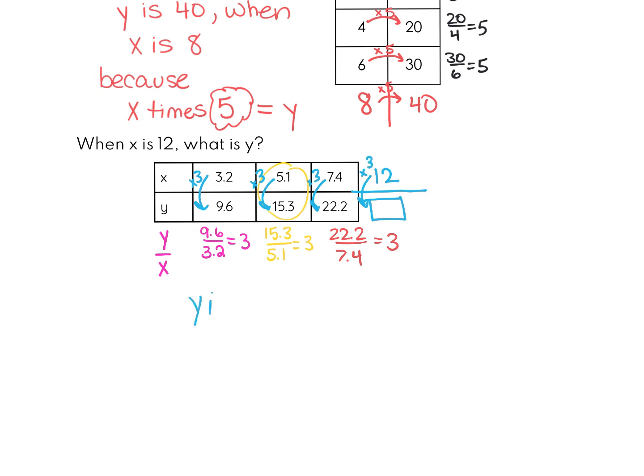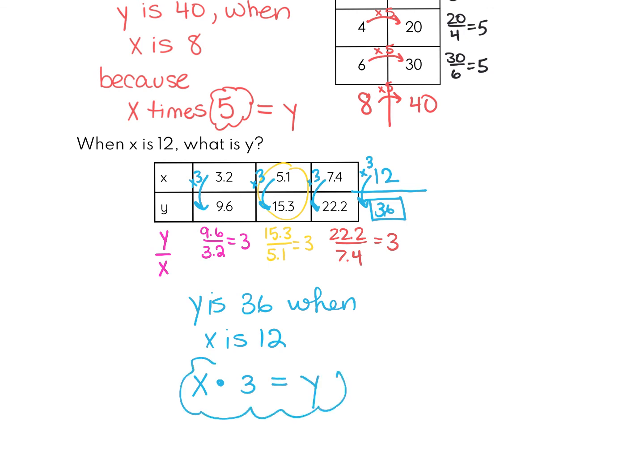So y is 36 when x is 12. And that's because x times 3 gives us y. And this is a little look into what our next lesson is going to be. We're going to start creating equations using this same exact concept.